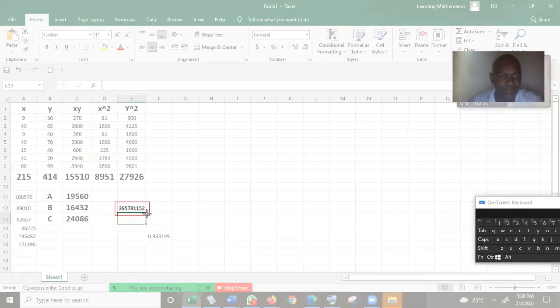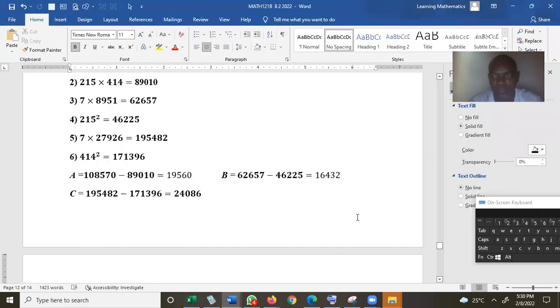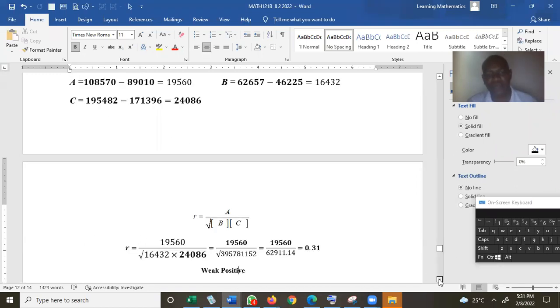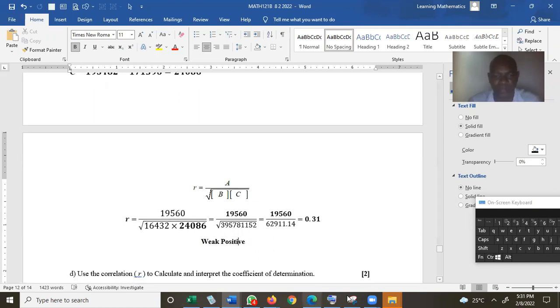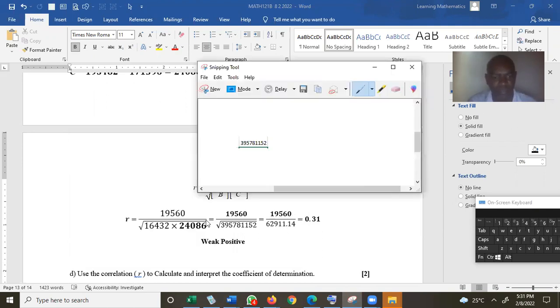for this number there. Go back to the working and compare this with what I have in the working out. So an error is a learning opportunity. That's how you can cross-check your answer to see if you're on the right track. 395, okay. 781152, and the square root of that number.